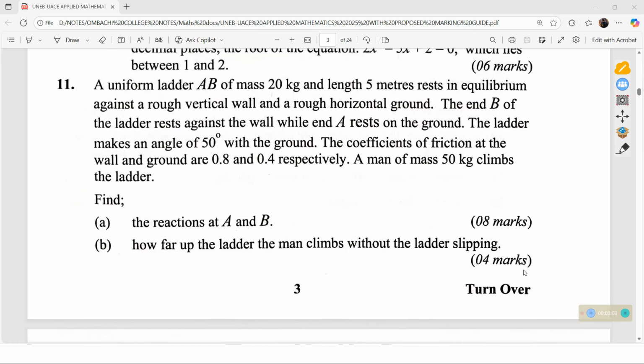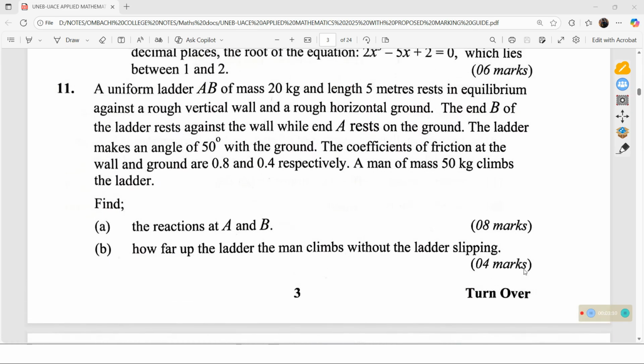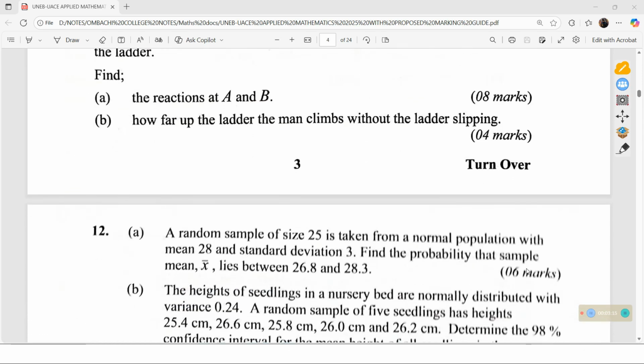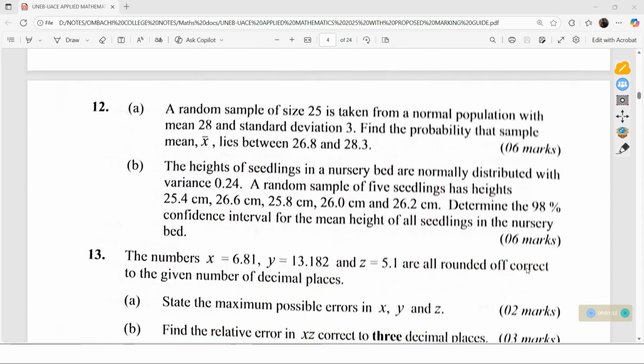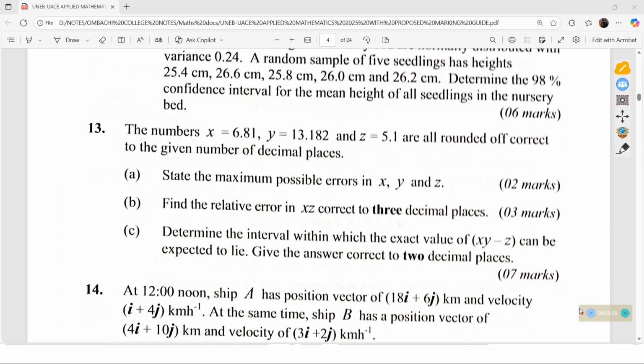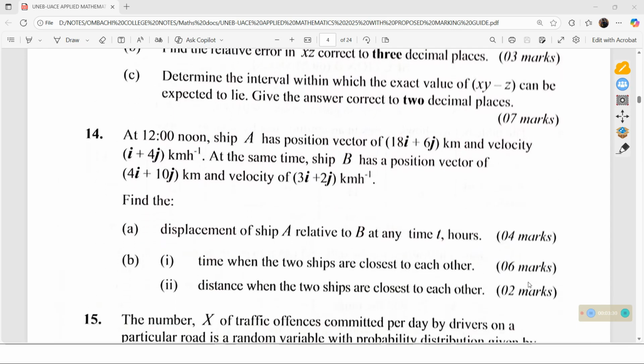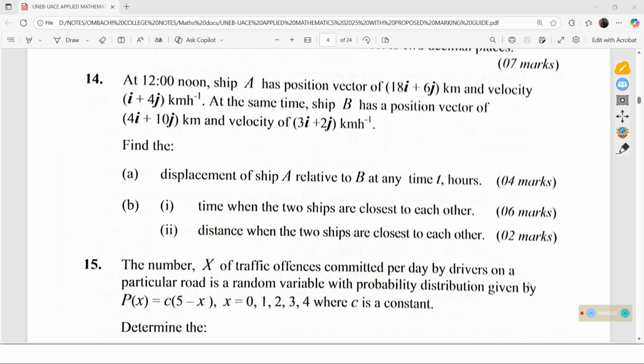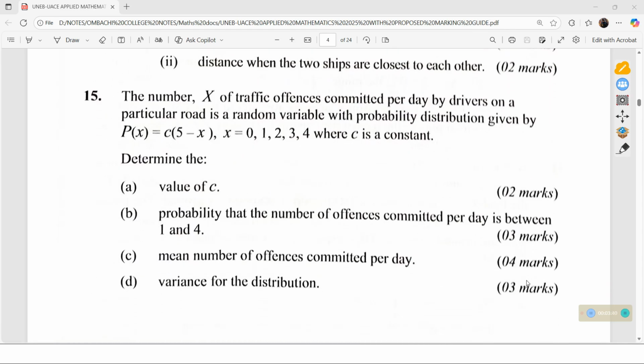We have question number 11. So question number 12. Then question number 13. So we look at question number 14. And then we come at question number 15.